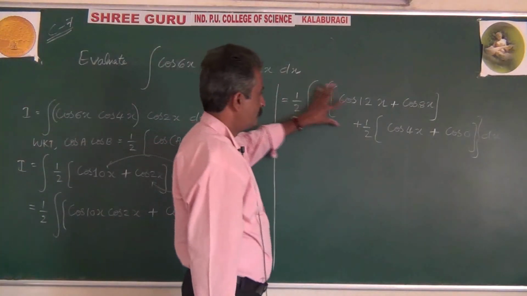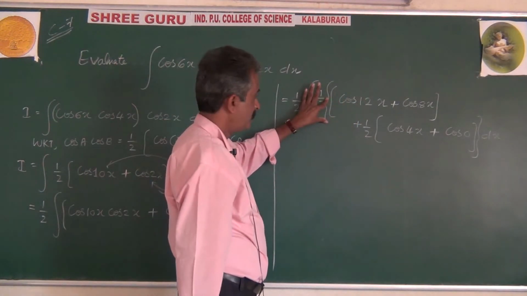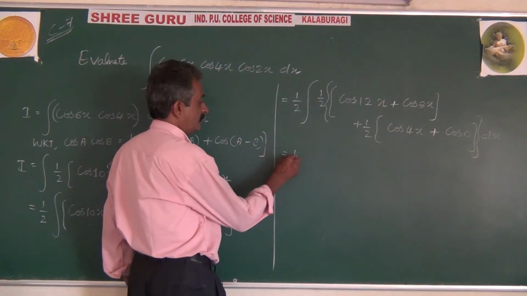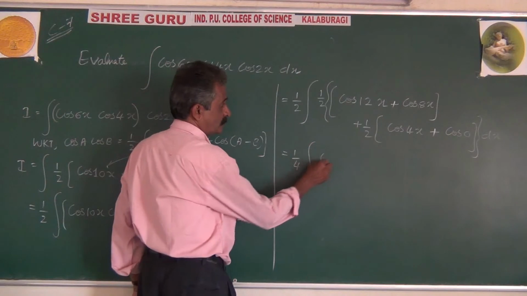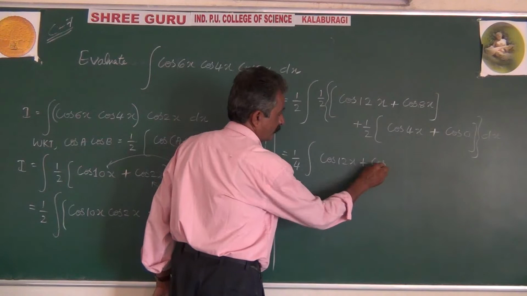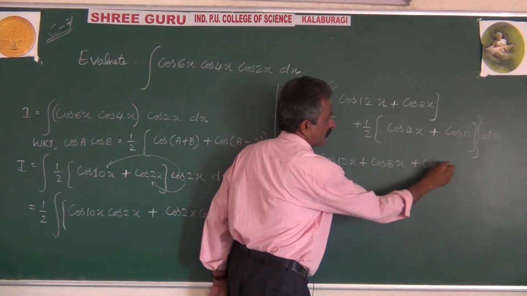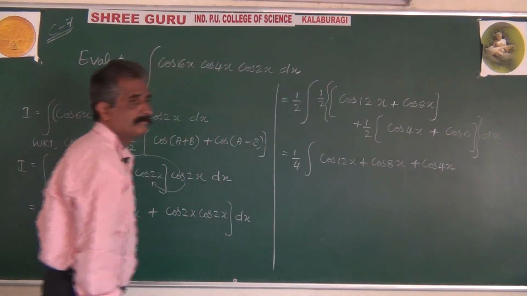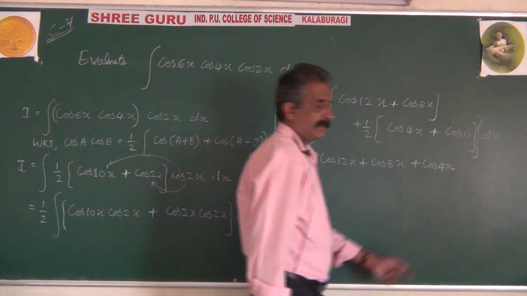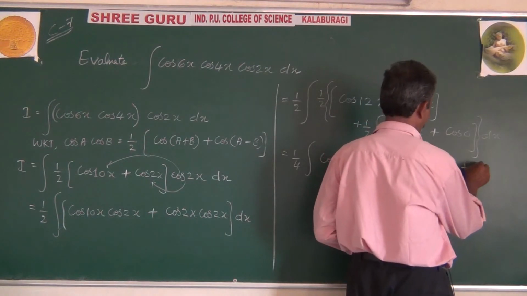Here 1 by 2, here also 1 by 2, so 1 by 2 into 1 by 2 will become 1 by 4 into integration of cos 12x plus cos 8x plus cos 4x plus cos 0. Cos 0 means 1, plus 1.